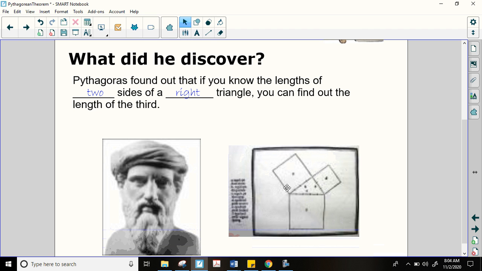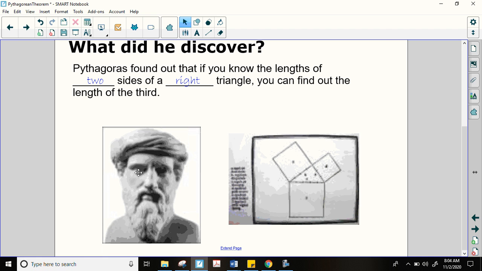So here we've got a diagram. This was from Pythagoras's work, and you can see here's a right angle triangle, and he figured out that the sum of the squares, that's why there are these squares drawn here, and we're going to look at that in the next slide.